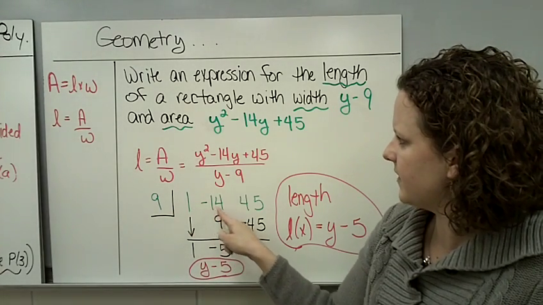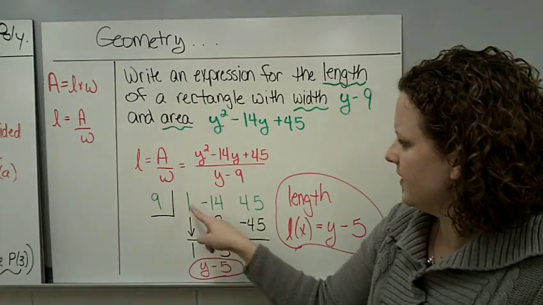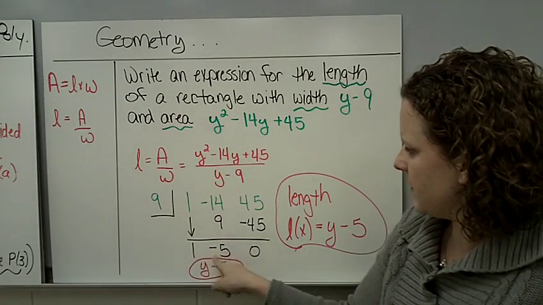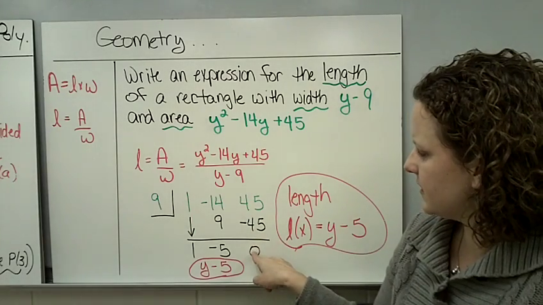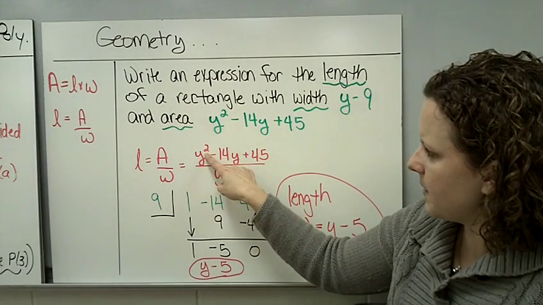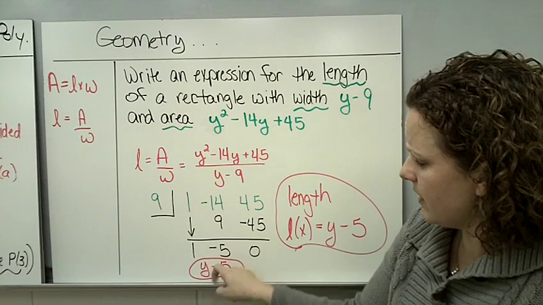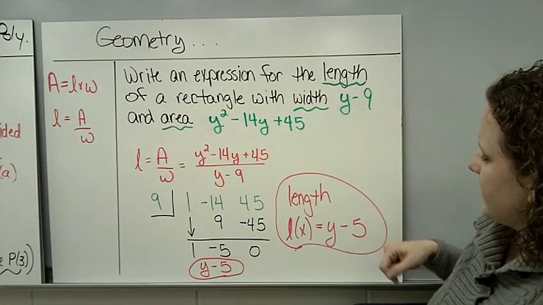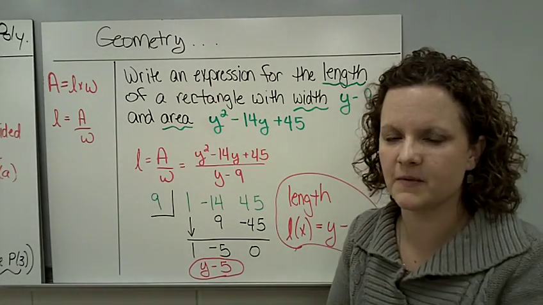Coefficients: 1, negative 14, and 45. The 1 drops down, multiply and add. Multiply and add, we have a remainder of 0. Our beginning problem is squared, our answer is to the first power. So our length is y minus 5. And that's all we have for today.